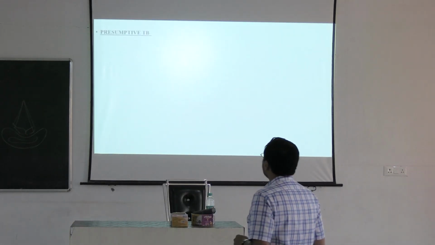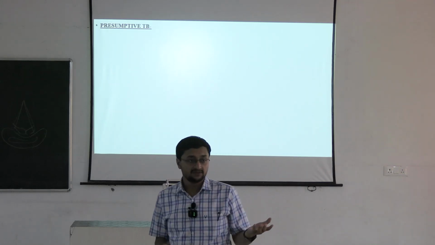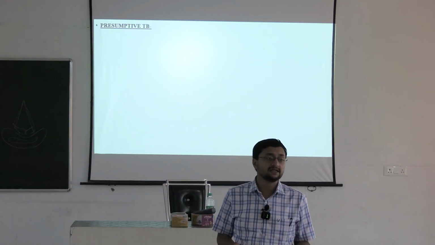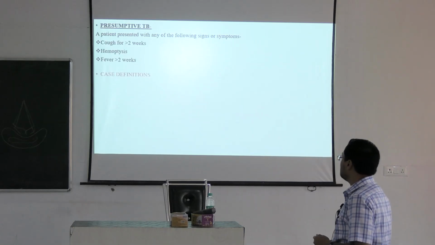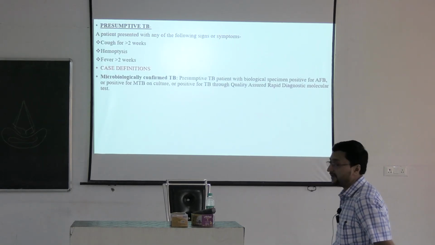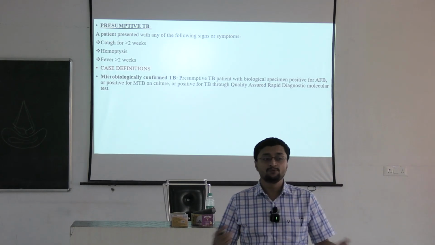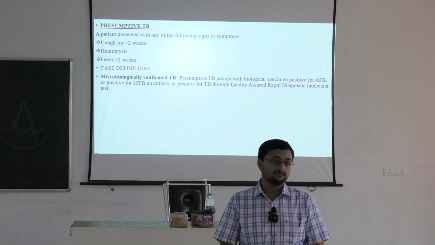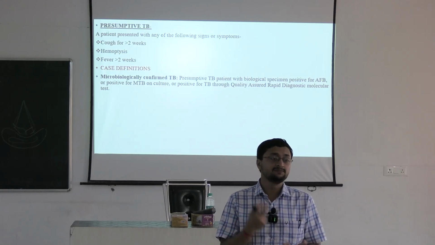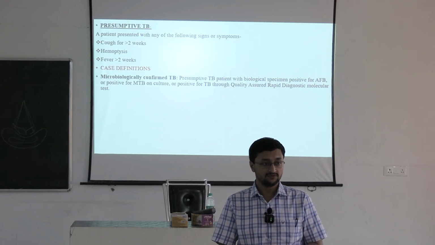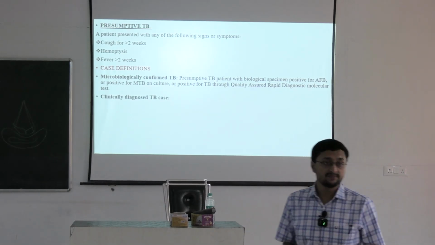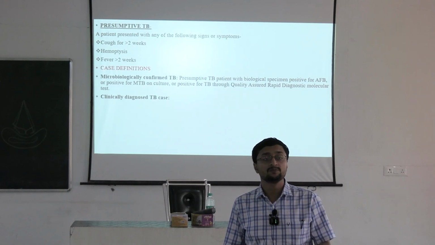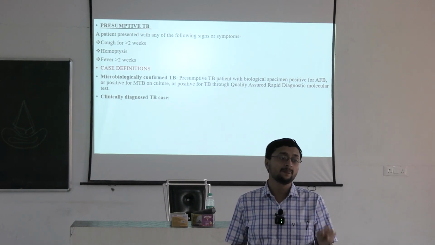Next, what is presumptive TB? I have already mentioned the definition of presumptive tuberculosis, and you have correctly answered it. Now the case definitions. Microbiologically confirmed TB means the sputum is positive, maybe in culture, smear, or CBNAAT. Next is clinically diagnosed TB, where the smear is negative but the X-ray is suggestive, or the symptoms are highly suggestive of tuberculosis.